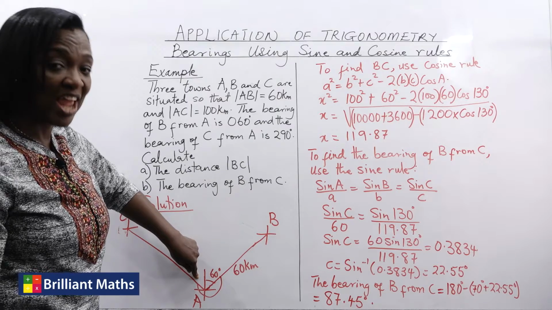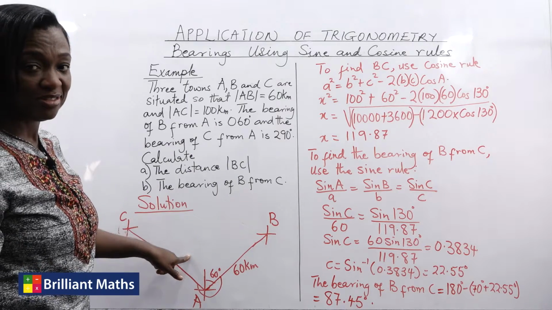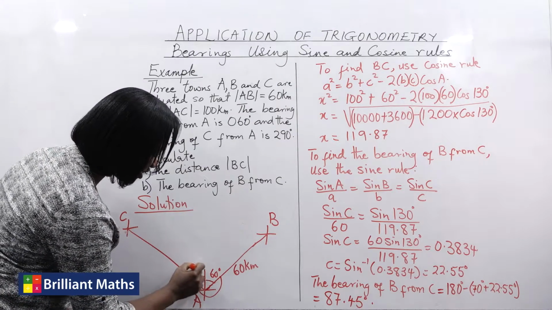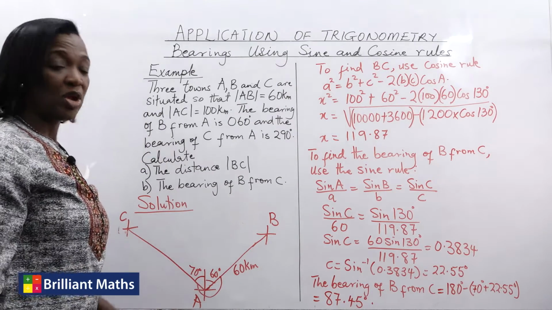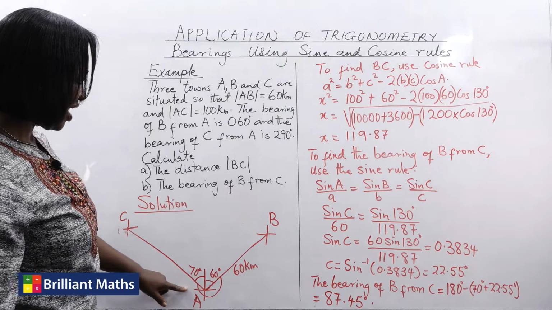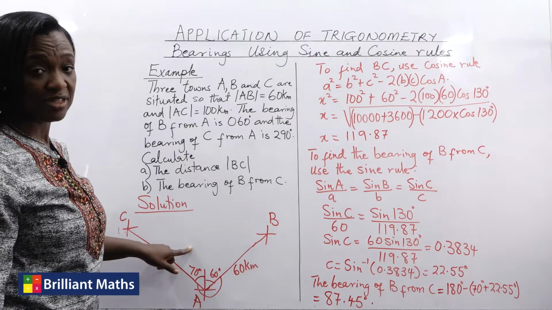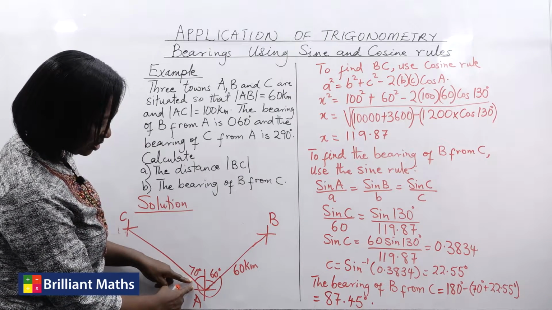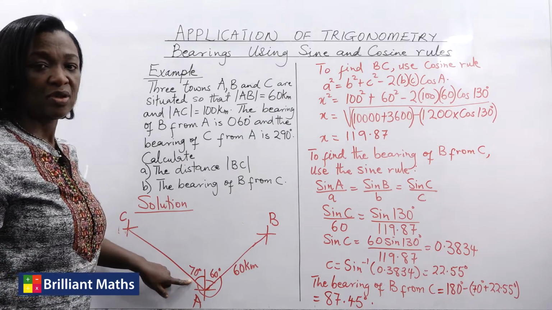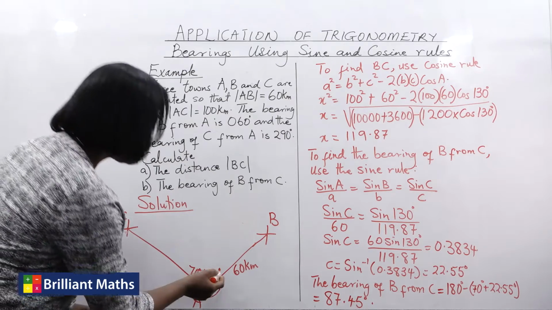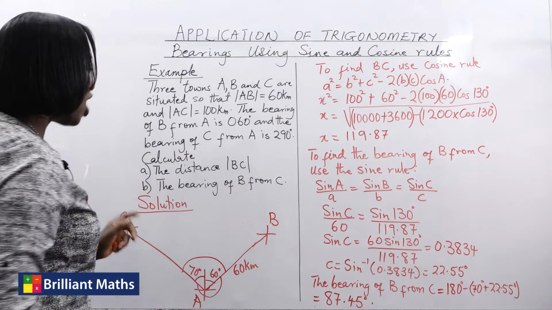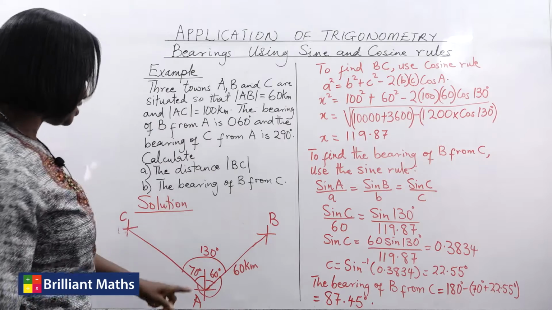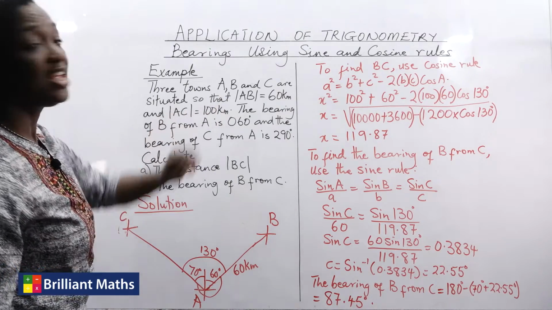We can actually use a sketch to get this angle. So if that is 290, then this angle is 70 degrees. You can either look at the quadrant there, 90 minus 20 to get your 70, or 360 minus 290, which will also give you 70 degrees. So the angle here is 130 degrees. And the distance from A to C, AC is 100 kilometers.